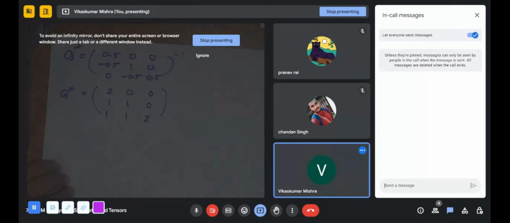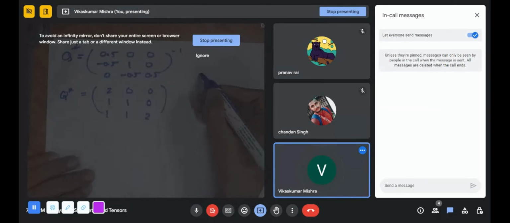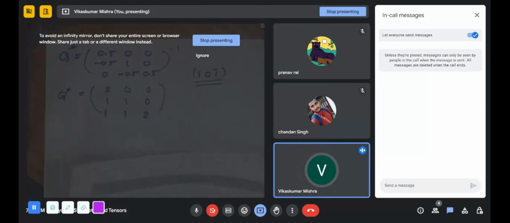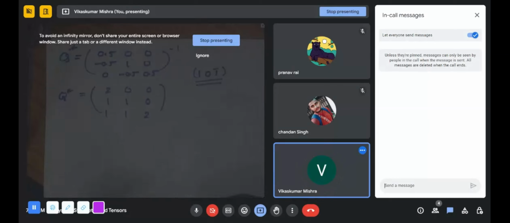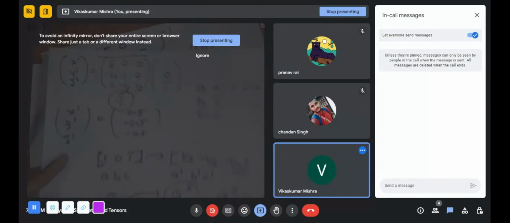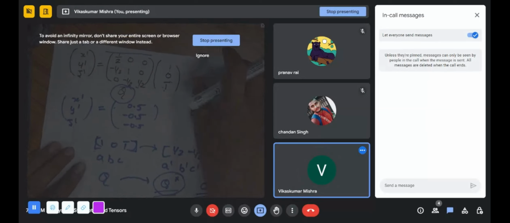And that's how you find the Q star. Now we need to find the Miller indices of 1, 0, 1 bar, this particular plane, which has been treated as a direction or lattice point in the reciprocal space. The only difference in the way we write Q and Q star is this: while transforming in the real space, we were writing them as a column vector.